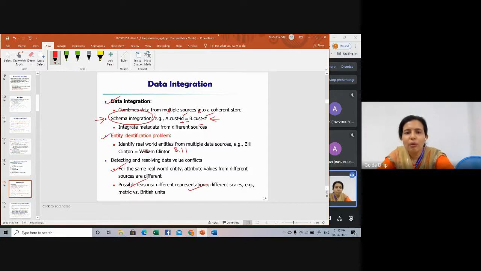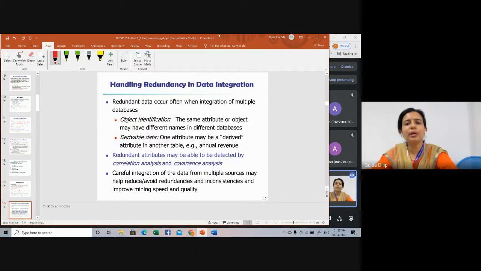Now how do we handle the various issues? One of the major issues in data integration is handling redundancy. The majority of redundancy can be detected by means of what is called correlation analysis.